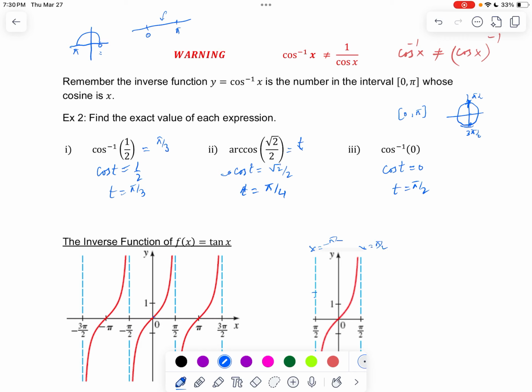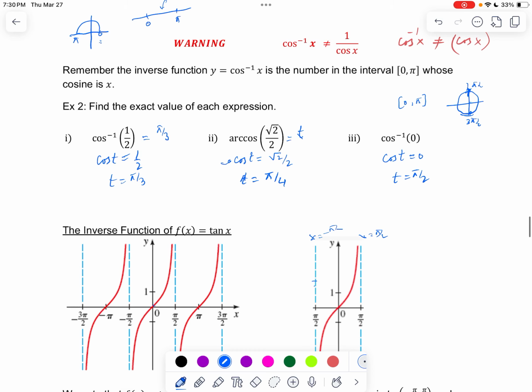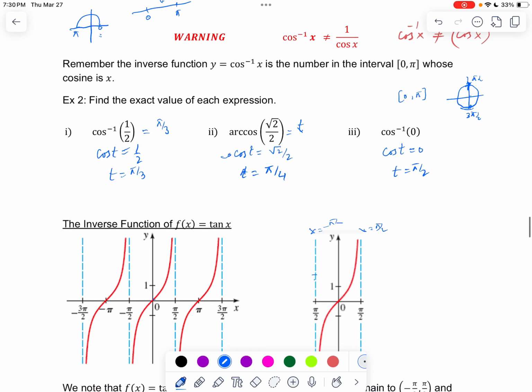And we have a piece like that. So this is 1 to 1. This is y is equal to tangent x, or f of x is equal to tangent x.